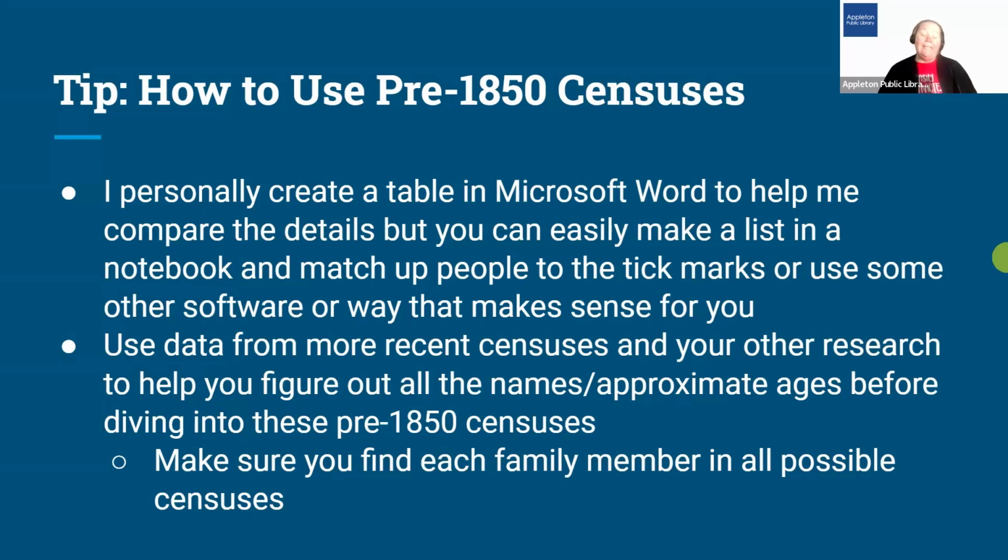So what I do is I use all the data I have from my more recent censuses on that family before I try to figure out all the pre-1850 stuff, making sure I know all the names and ages before I try to dive into those pre-1850 censuses, and I make sure I found everybody in that family for every census. Even those young females who have married and are outside of the house, I find them in later censuses before I dive into those pre-1850 censuses.